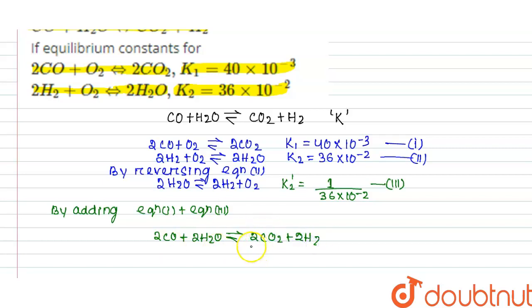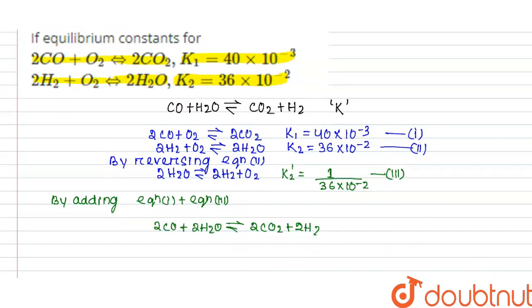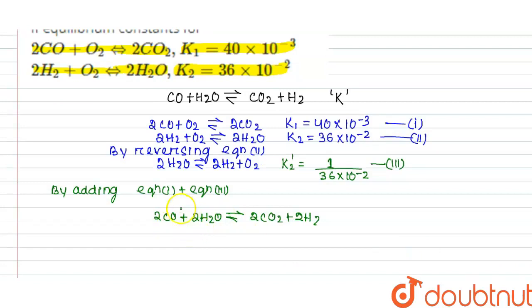So this is the equation, but the main equation is CO plus H2O gives rise to CO2 plus H2, and there is no coefficient, but in this equation there is a coefficient. So now by dividing by 2, we have to remove this coefficient. So let this be equation IV.